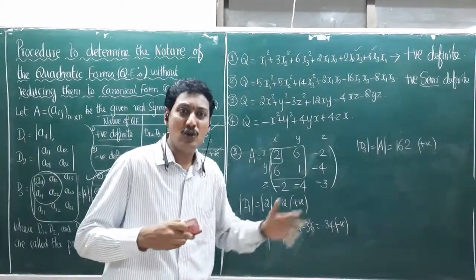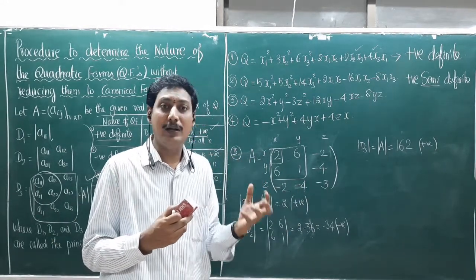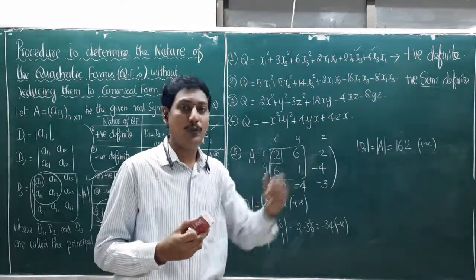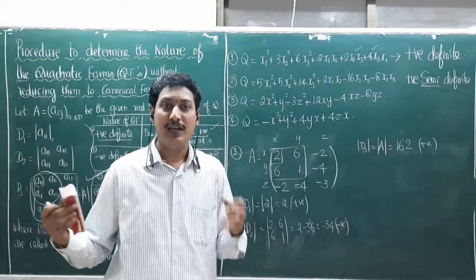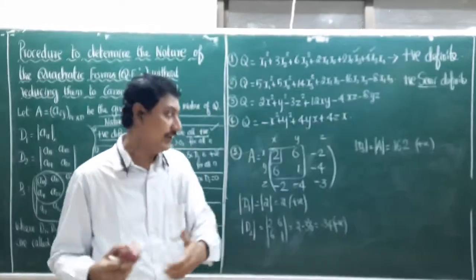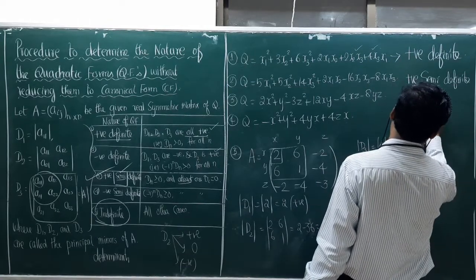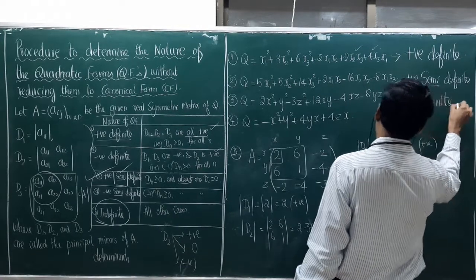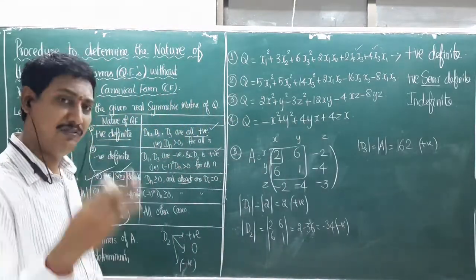So that is not a defined one. We cannot say whether this is positive or negative. Once it is going positive, once it is going negative, we are unable to predict the nature. That is called indefinite. So the third one is an example for indefinite. Very rare cases are negative semi-definite and negative definite. Very, very rare cases.